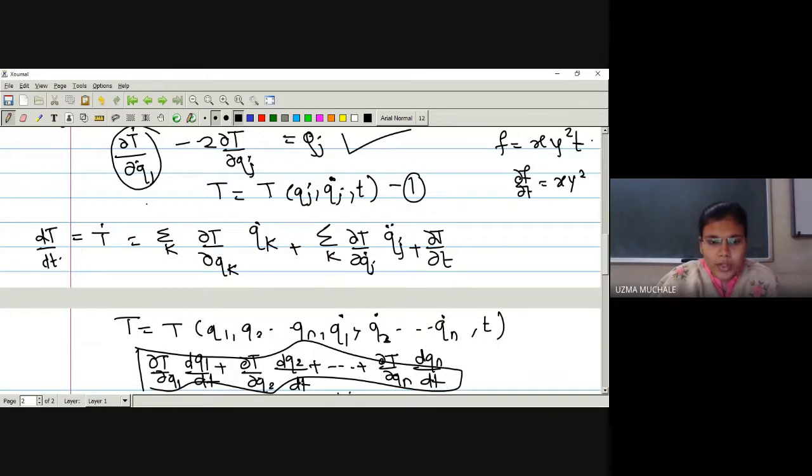If we differentiate T with respect to qj, this whole term will again be a function of qj dot and t, correct? If you differentiate this function f with respect to y, the resultant function dou f by dou y will be a function of x, y, t.